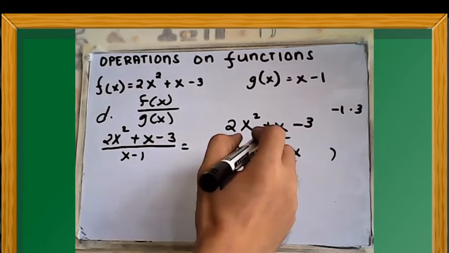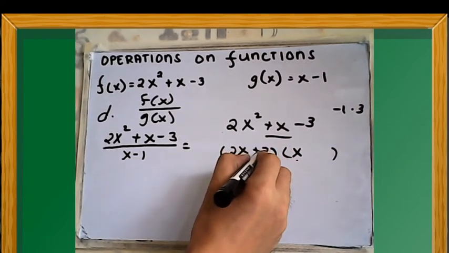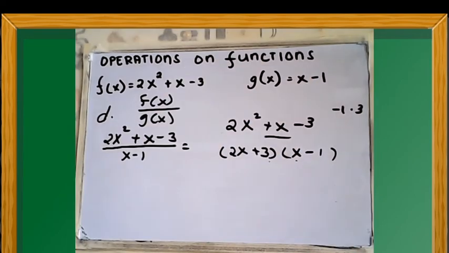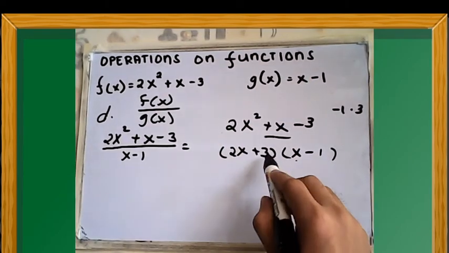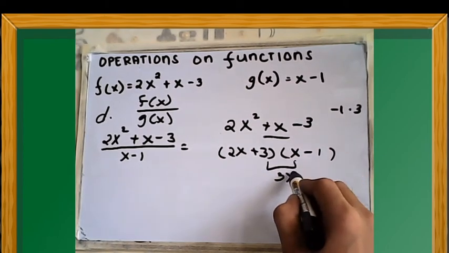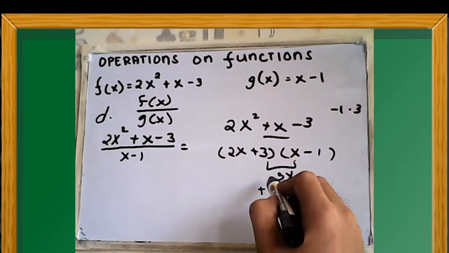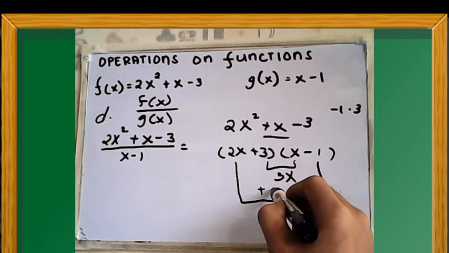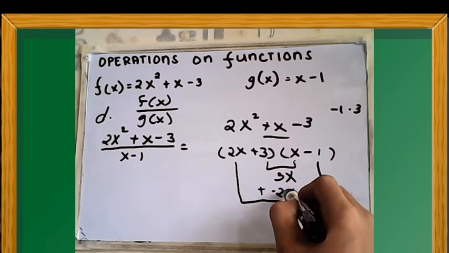So dito natin dalhin si plus 3, dito natin dalhin si minus 1. Check natin. 3 multiplied by x is 3x, plus 2x multiplied by negative 1, so that is negative 2x.